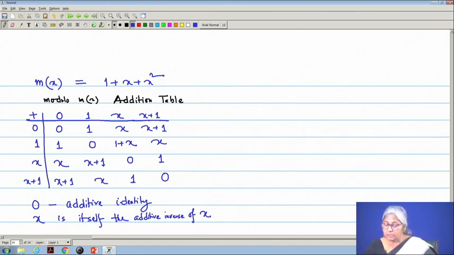Now, if I consider modulo m x multiplication, we consider now the modulo m x multiplication table.